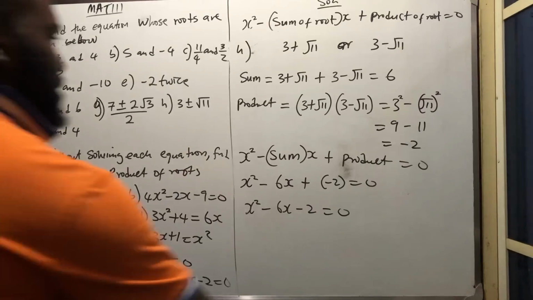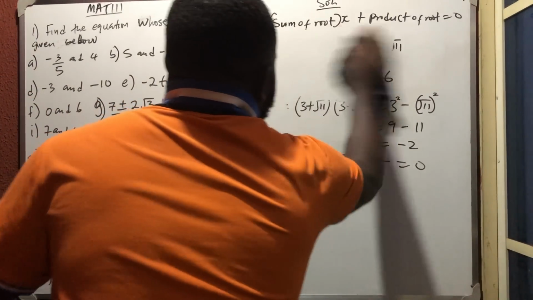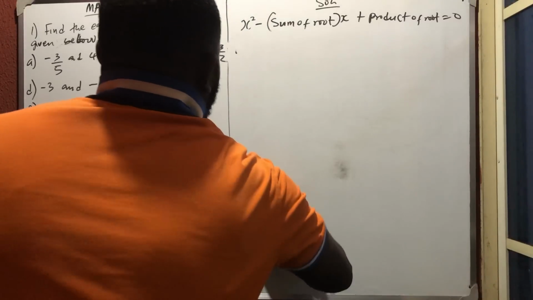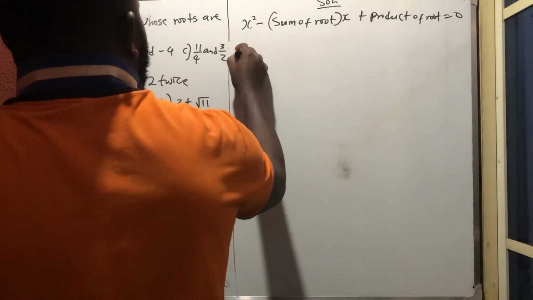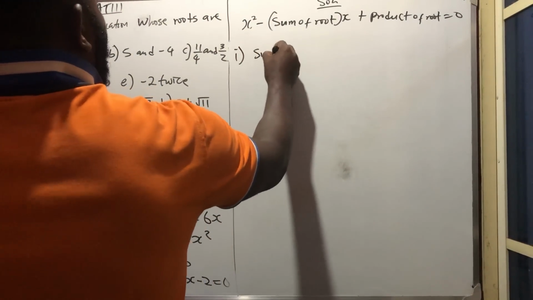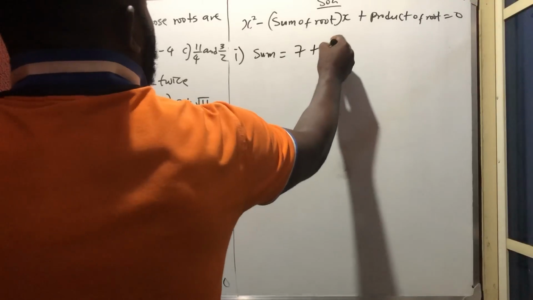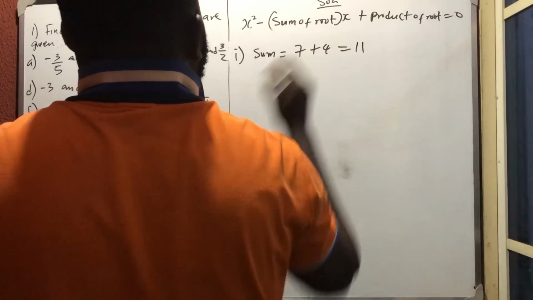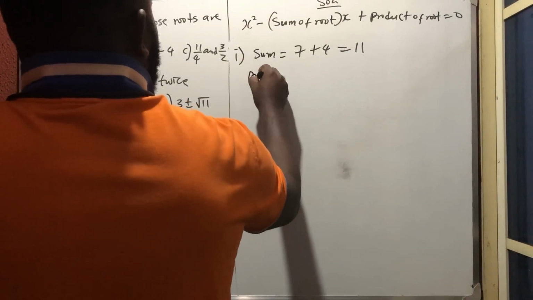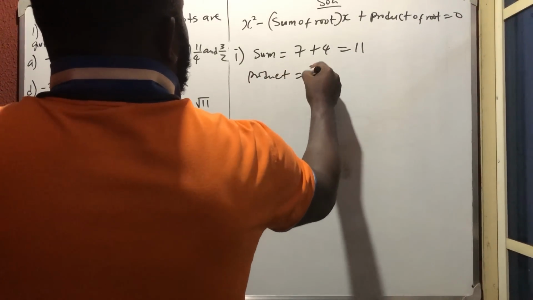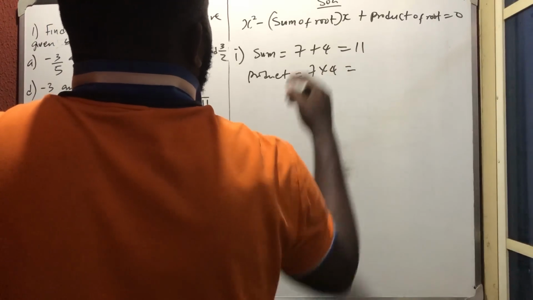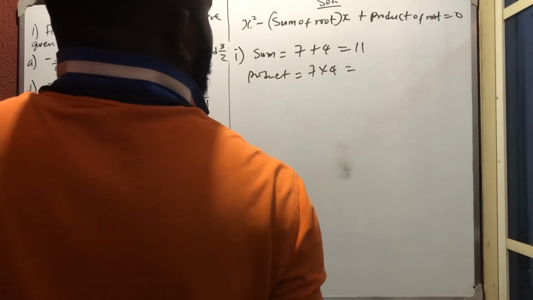Okay, so the last but not the least is I. I said the sum is simply to add 7 plus 4, which is 11. Then the product is 7 times 4, which is I think 28.